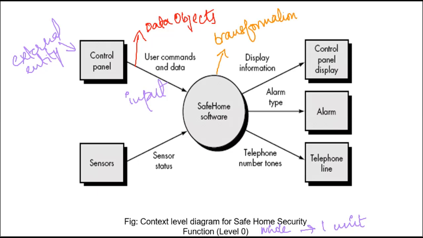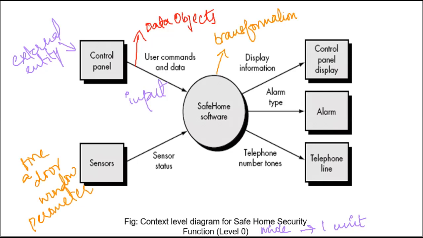Now this control panel is going to generate the user command, and that is taken as input for the SafeHome system. And the sensors, you can have fire sensors, door sensors, window sensors, or perimeter sensors.